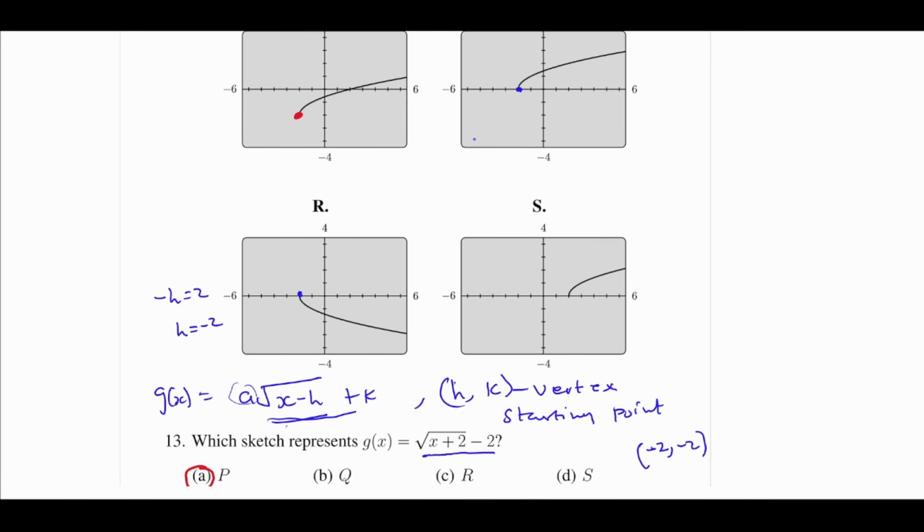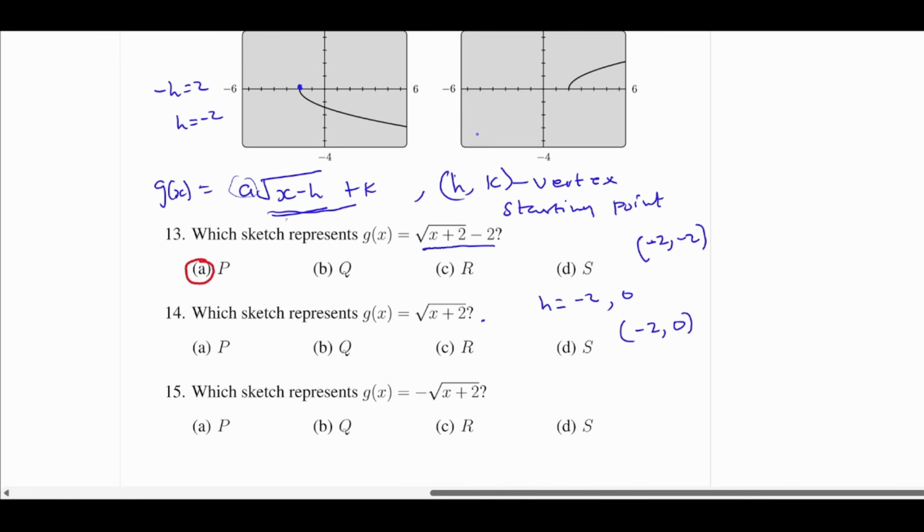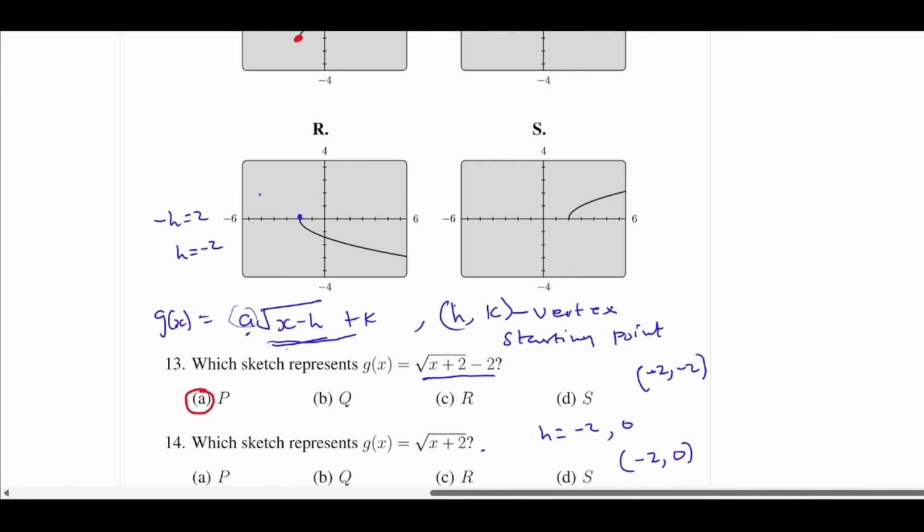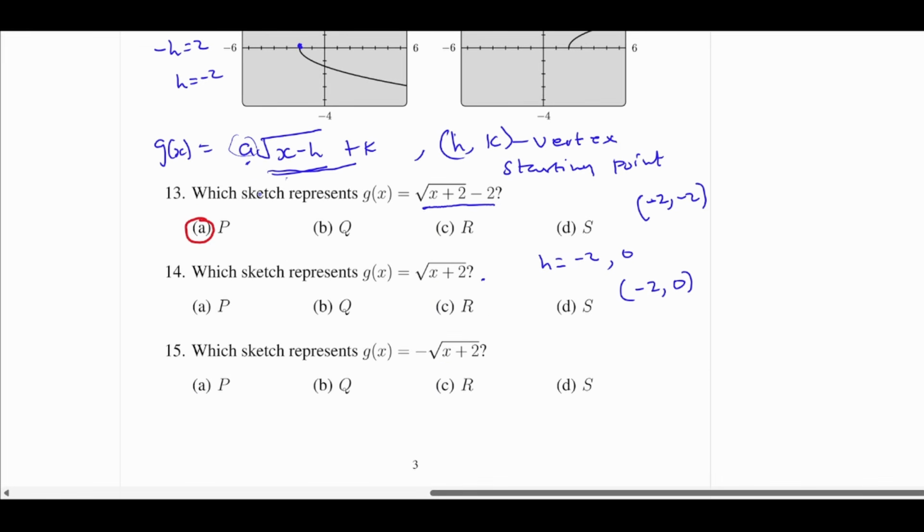But now here comes the big problem, or it's not even a problem. The value of a determines which one we should choose, because now we have two graphs we want to choose from. If a is positive, the curve curves downwards.